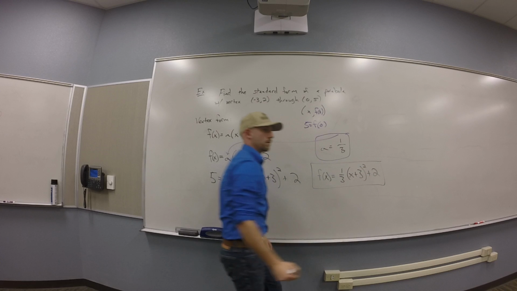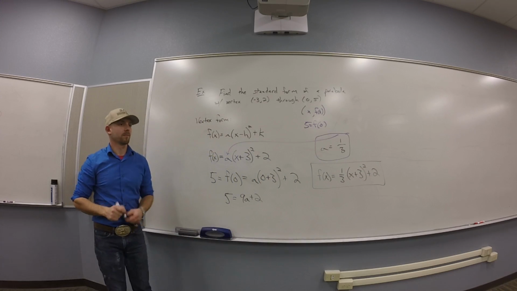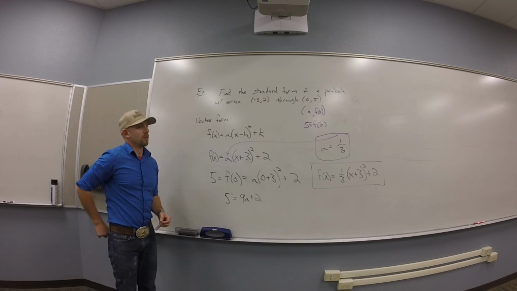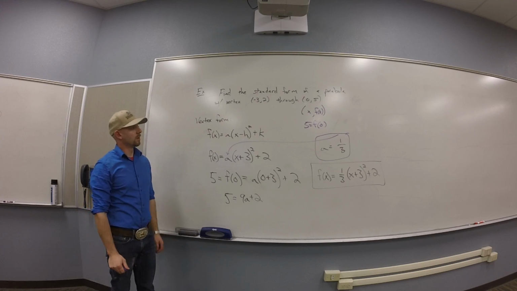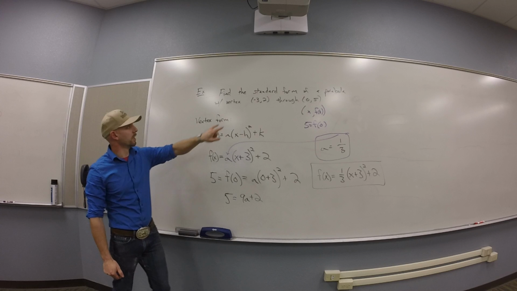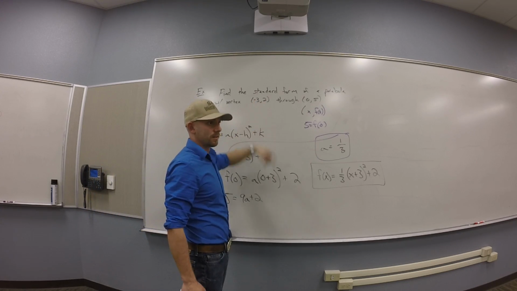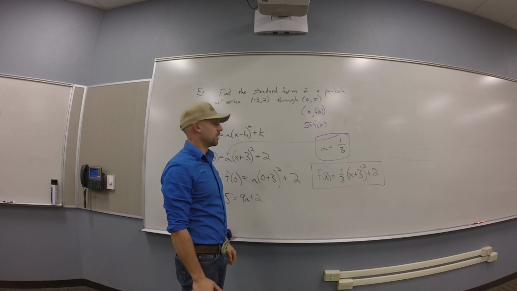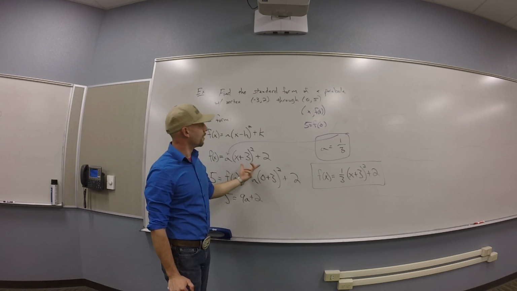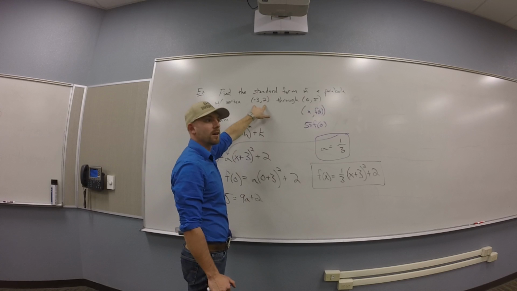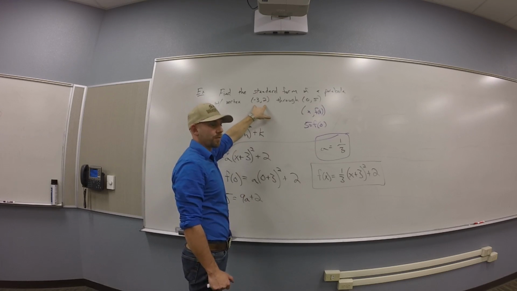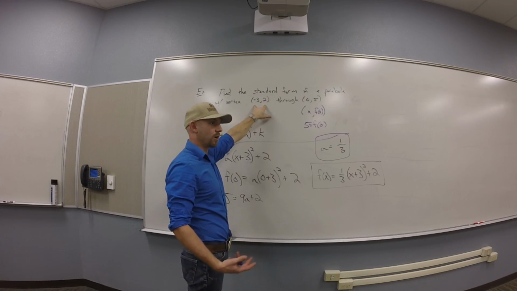Boom, done. How do you figure out any horizontal compression or stretch? Horizontal compression or stretch is going to be contained in my vertex, really. You guys see that? There is enough information here for me to have all things accounted for.